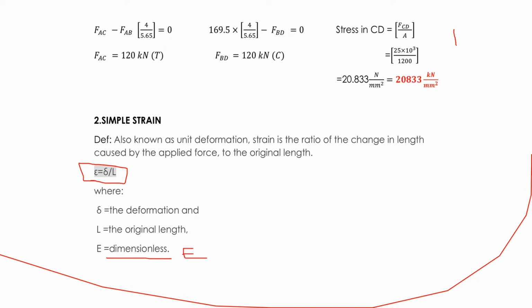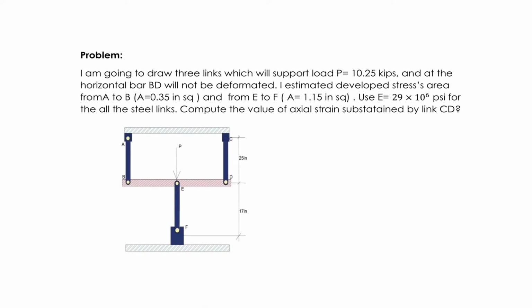As a problem, I'm going to draw these three links which will support loads. The given load is P equal to 10.25 kips, and the horizontal bar B to D will not be deformed.